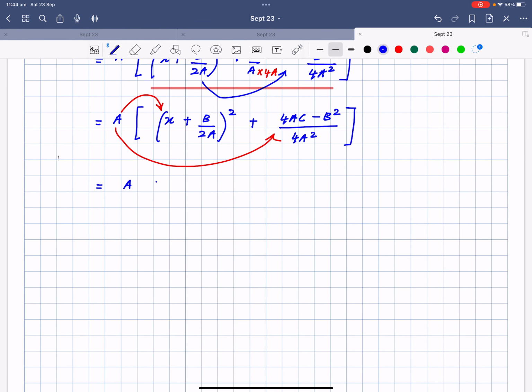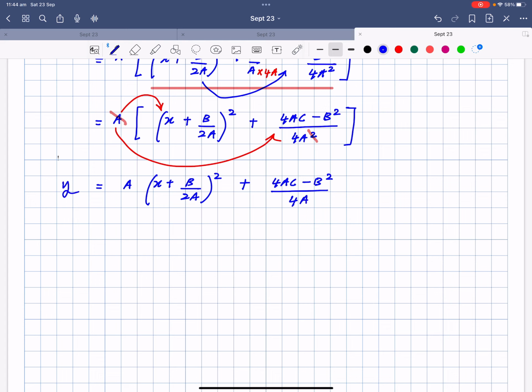A in front, x plus b divided by 2a, the whole thing squared, plus. Now you can see this a will cancel one of the a's here. So it would be 4ac minus b squared divided by 4a.